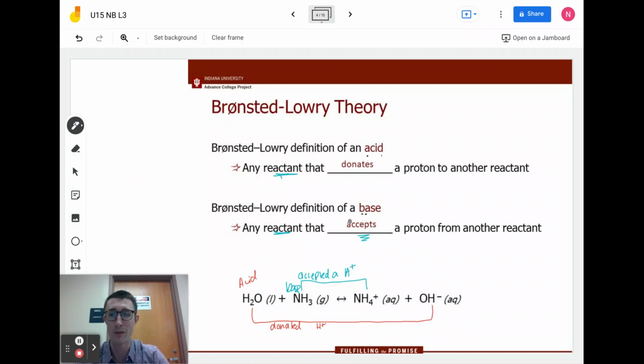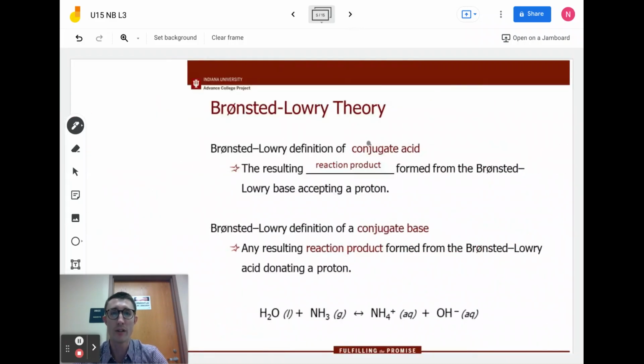We can use the words to think about this. So the base, ammonia, accepted a proton here. So what do we name the product side? We call these our conjugate acid and our conjugate base. On the product side, these are what we're going to label with the word conjugate.